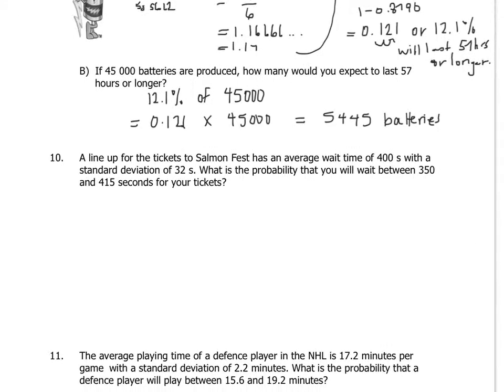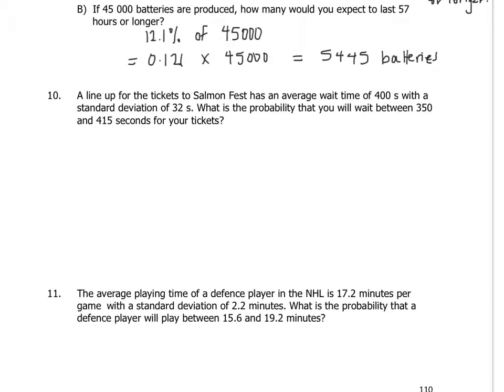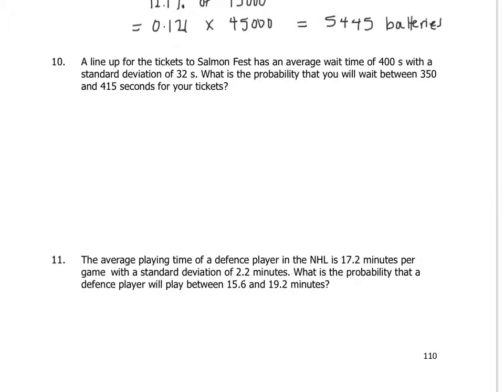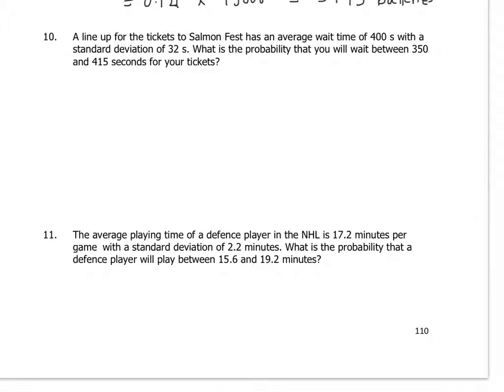Okay, a lineup for tickets to Salmon Fest has an average wait time of 400 seconds with a standard deviation of 32 seconds. What's the probability that you will wait between 350 and 415 seconds for your ticket? Again, we can use z-scores. The z-score for 350 would be 350 subtract 400 all over the standard deviation of 32, and that's going to be minus 50 over 32.